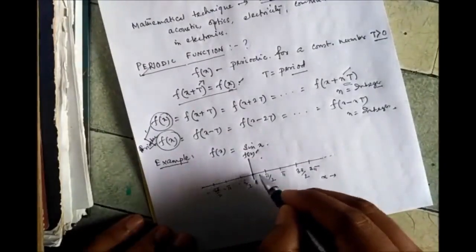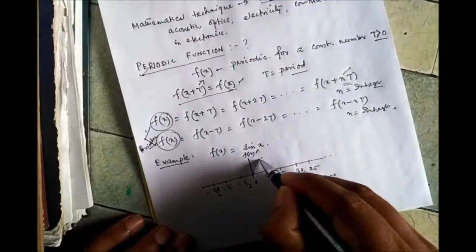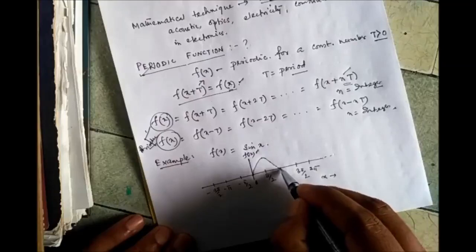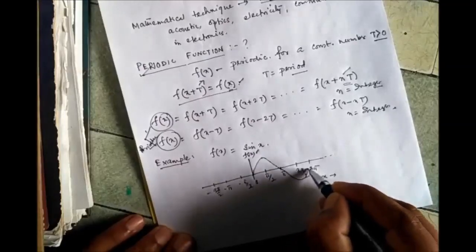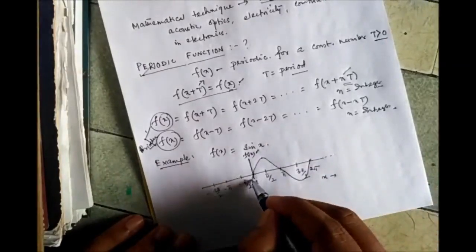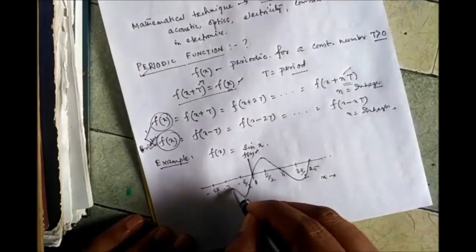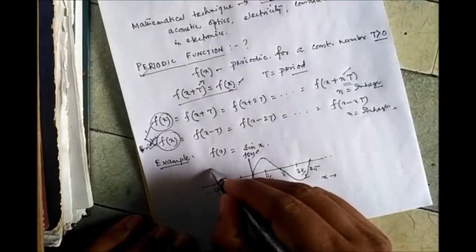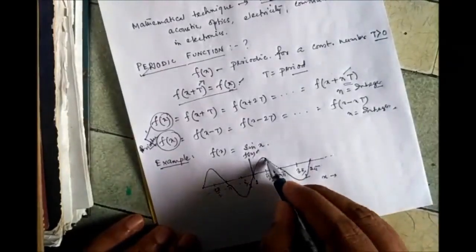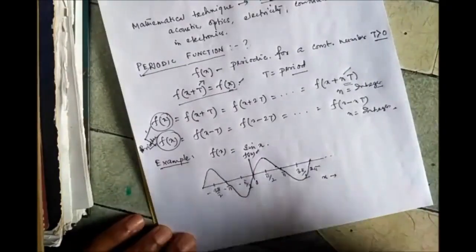So it starts from here, reaches the maximum value, then at pi this becomes 0, at 3 pi by 2 it is minus 1, and so on. Again, on the left hand side it gives the same result. So this is the sine function.